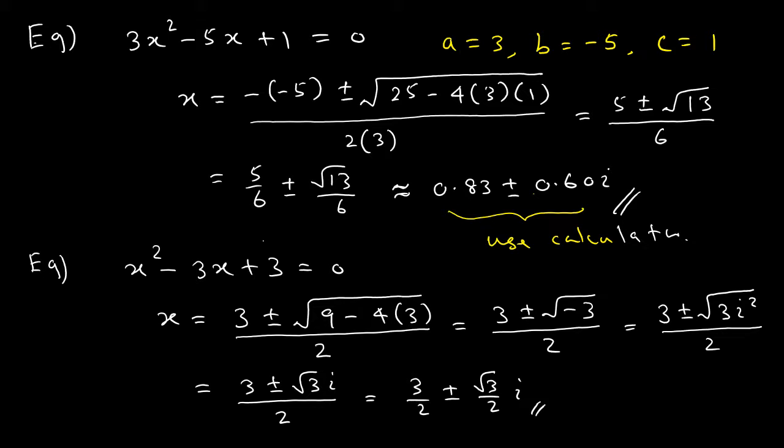Also, you can notice that sometimes they simplify very well. For example, in this one, you can see this simplifies. So x squared minus 4x plus 5 equals 0. So again, in this problem, you can see a equals 1, b equals minus 4, and c equals 5.